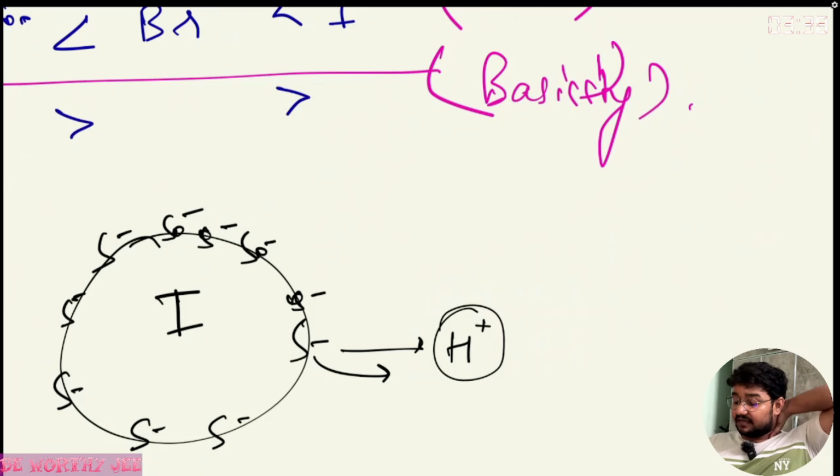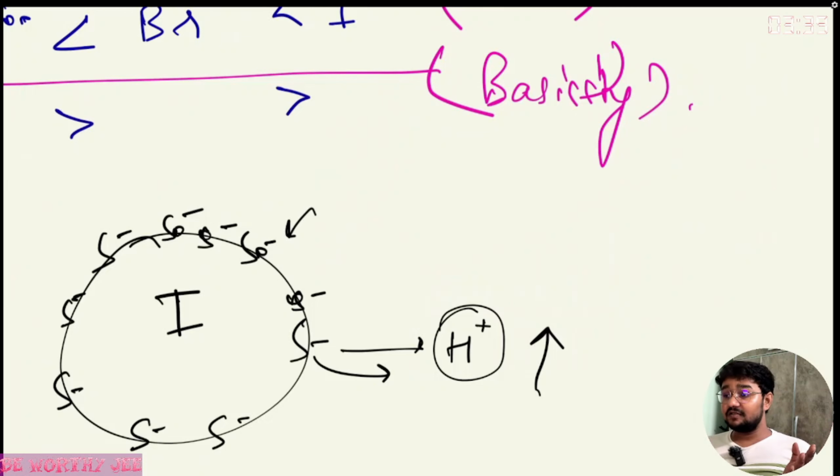The smaller the size, the higher the basicity, so the charge is more concentrated. In a smaller atom the electron density is less distributed, and in a bigger atom the charge density of electron is highly dispersed. So the basicity order decreases when the size increases. Let's just see a few more examples.